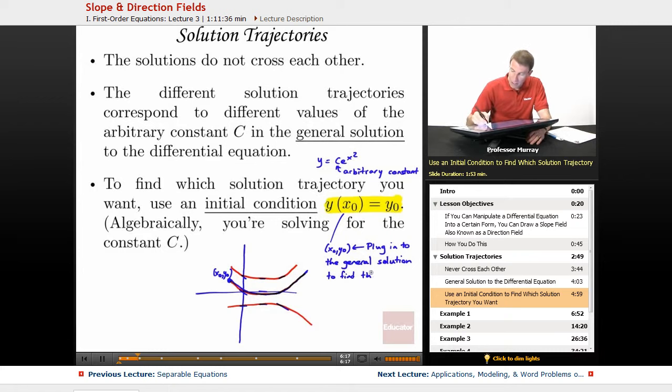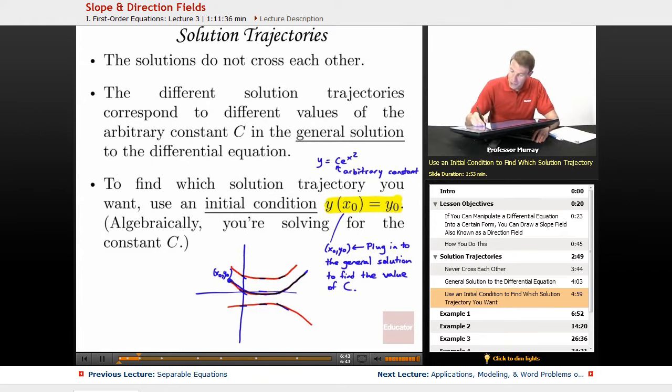So that's how the initial condition can be useful algebraically, is you plug it into the general solution and solve for the value of the arbitrary constant c. Geometrically, what you're doing is using that single initial point to differentiate between all these different solution trajectories and pick the single one that fits your initial condition.